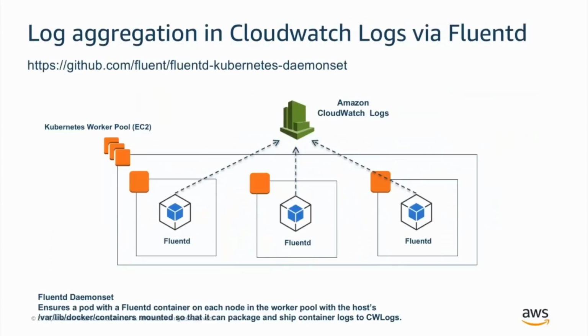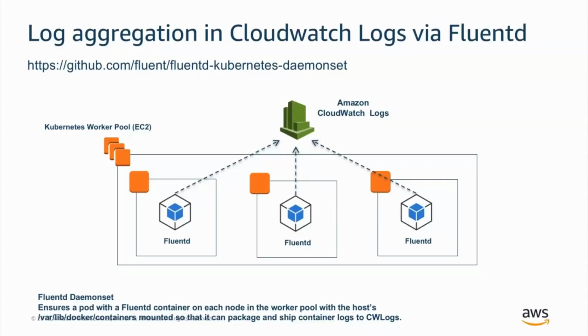So let's talk about how you can implement log aggregation on top of your EKS environment. Here's an implementation that you can see. You can go to the GitHub page to find more information.